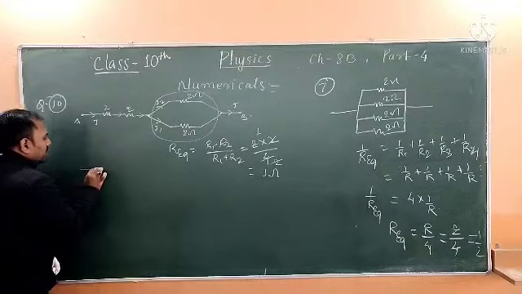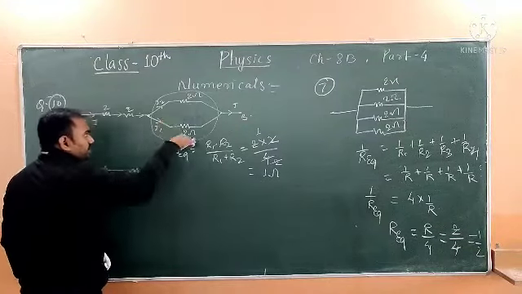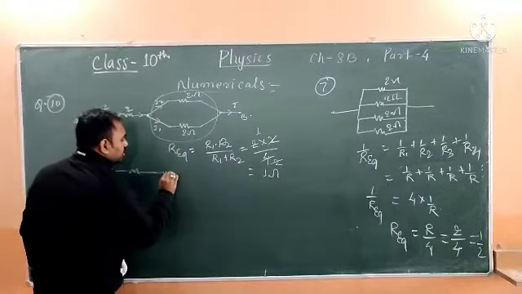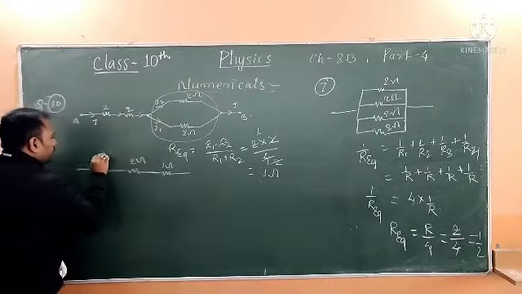So how will the circuit change now? The circuit will change like this. The whole system is replaced by a single resistance of 1 ohm, with 2 ohm and 2 ohm.